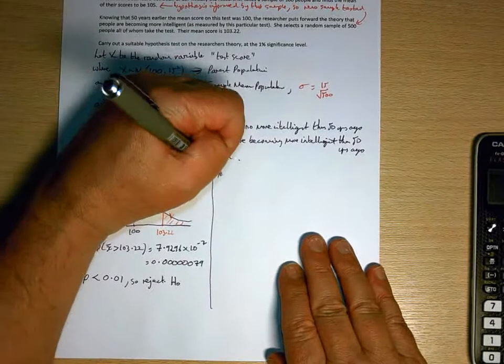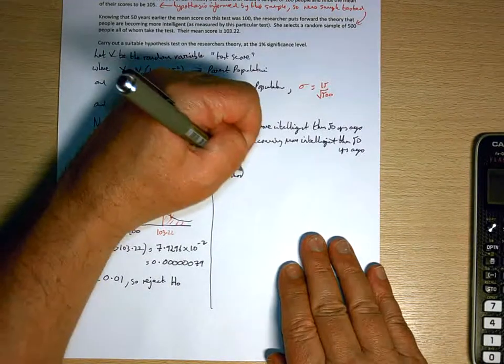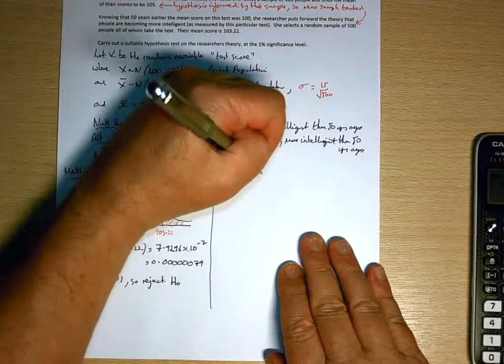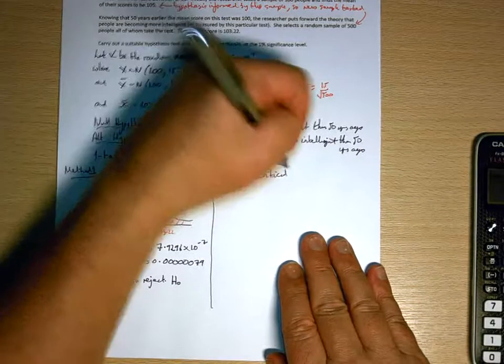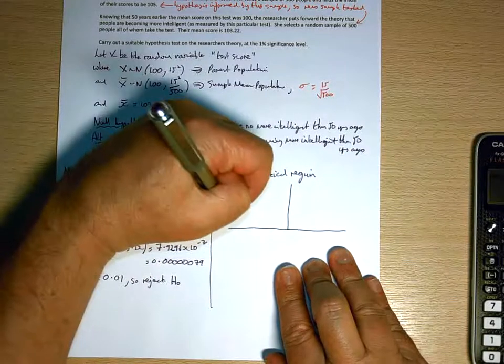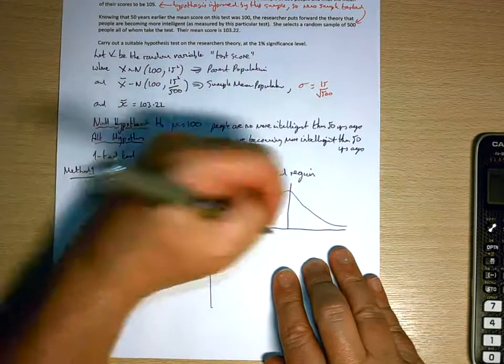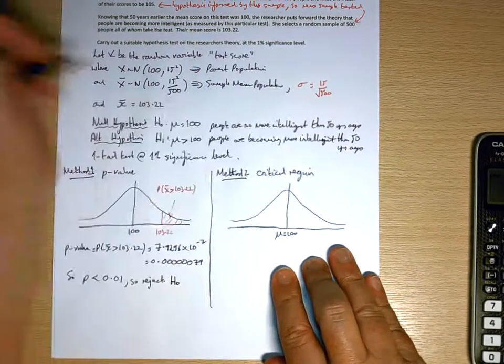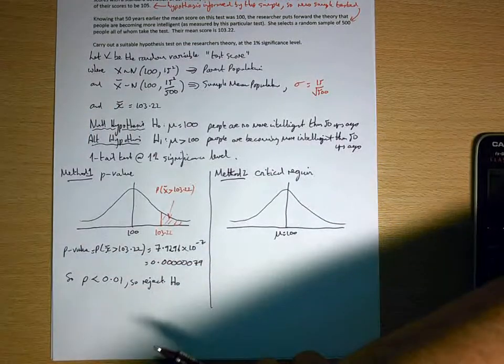So if we go down to method 2, critical region, same little sketch that we're going to do. The mean is 100.